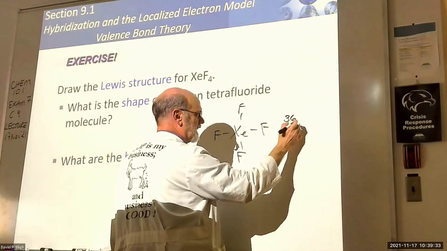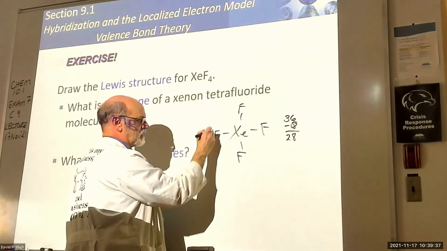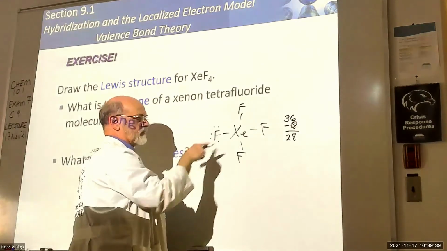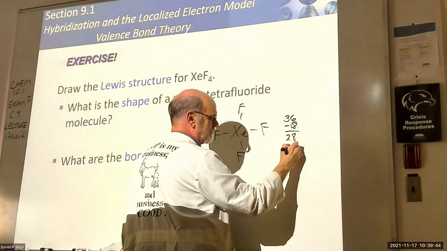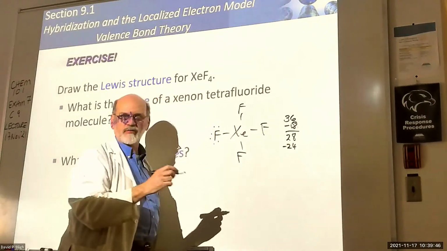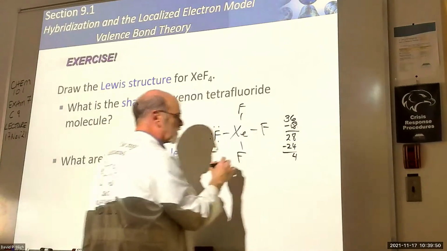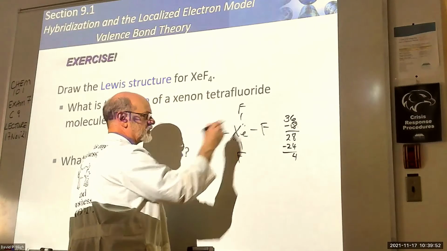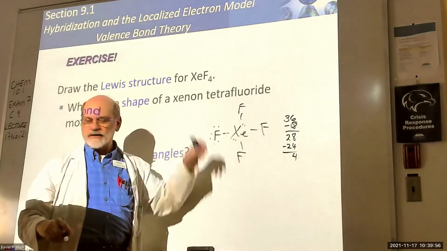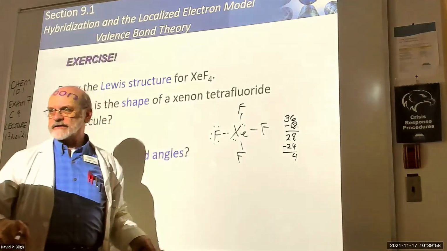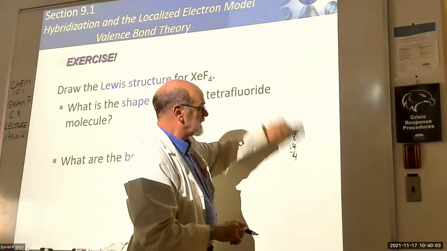Then we have 6 more around each one, which is 4 times 6 is 24. So I have 4 electrons left over, 2, 2. Okay. Electronic structure: 1, 2, 3, 4, 5, 6. That's an octahedron. According to VSEPR, it's an octahedron.